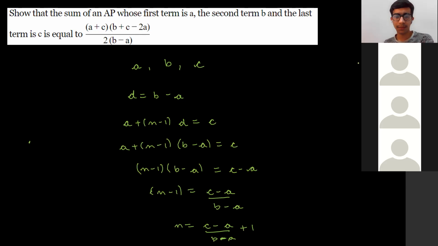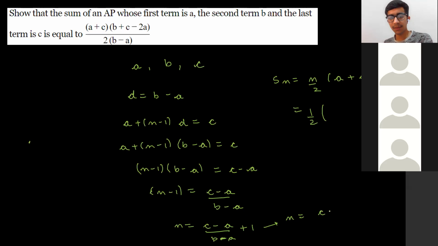Okay, and now you apply the sum to N formula. So Sn is equal to N by 2 into A plus C, the sum of the first term and the last term. You have 1 by 2, N is C minus A plus 1 over, okay, let me simplify this.